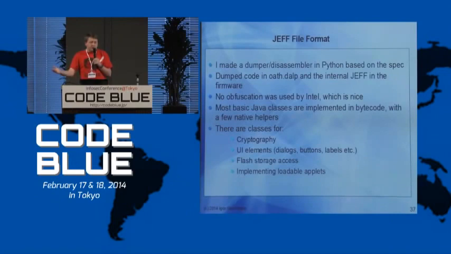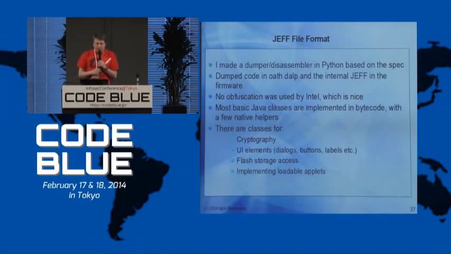So once I had the specification, I found it on the internet. I wrote a small disassembler in Python to decode this file. And then I looked at what those applets do, how they work. There was no obfuscation implemented, so all the method names, all the variable names are there in plain text.